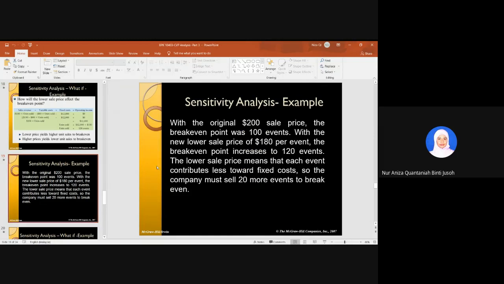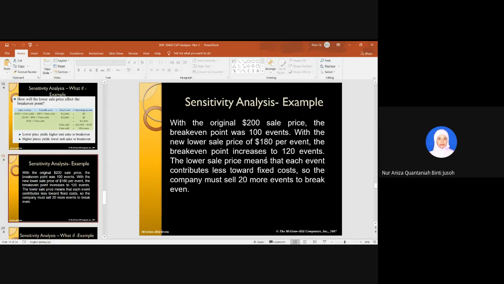The effect is that if they lower the sales price, they have to increase the break even point. They will have to achieve 120 events before break even.